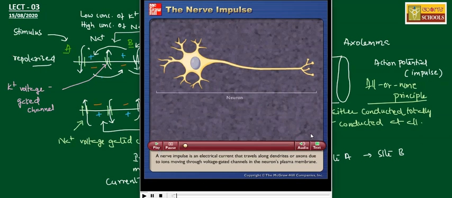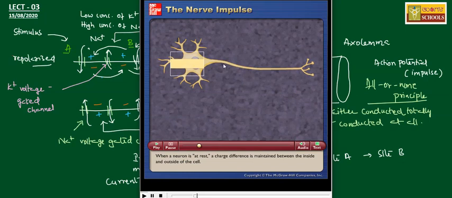So we know this is a neuron, and this is how the impulse taken from the dendrites passes to the cyton and then to the axon and finally to the synaptic knobs.